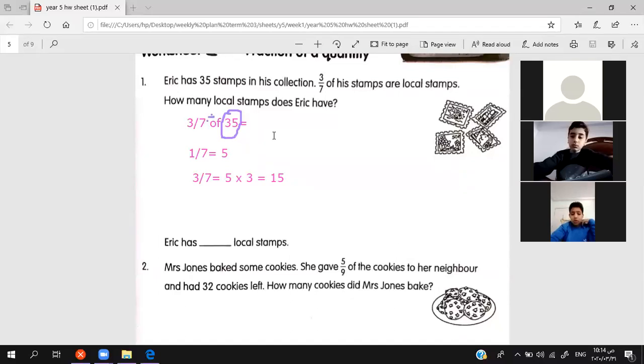To get the number of parts he wants I look to the numerator. Here it is 3/7, so here he wants 3 parts. So I multiply the 5 I have with 3.